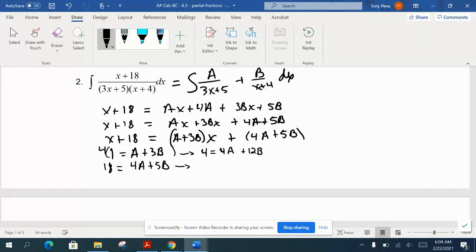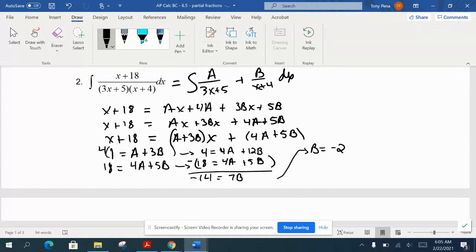And then this one I'll just recopy. 18 equals 4A plus 5B. To get rid of our A's, we need to subtract. So we're going to subtract. So negative 14 equals 7B. And then we can see that our B is negative 2.